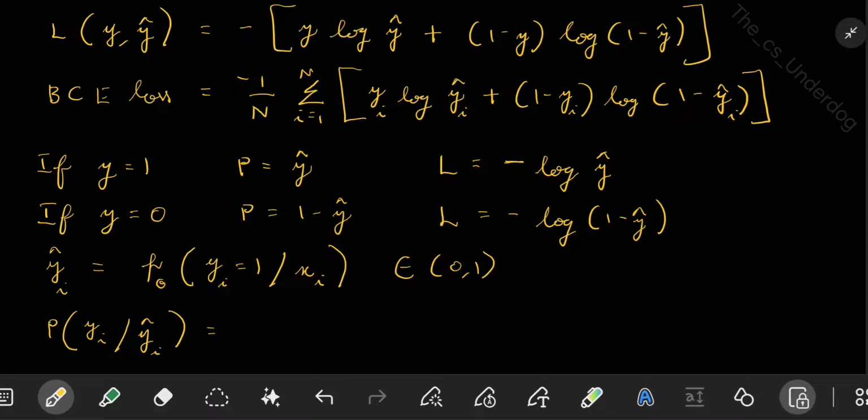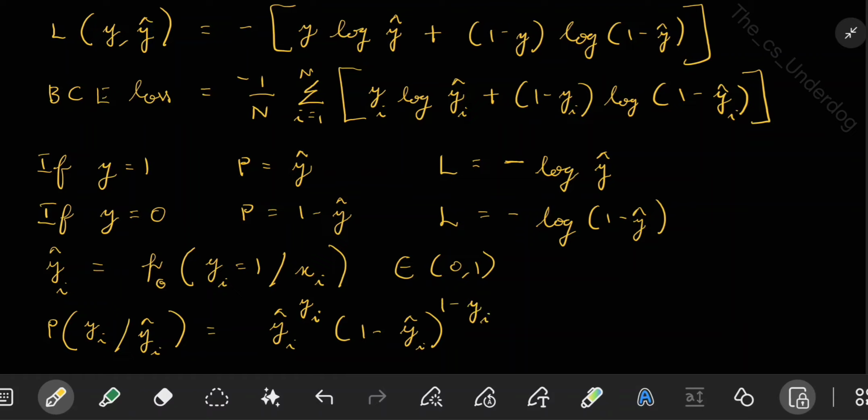This can be written as yi cap raised to yi. Keep in mind yi cap will be a probability value between 0 and 1, and yi will be the label which will take values either 0 or 1, into 1 minus yi cap raised to 1 minus yi.